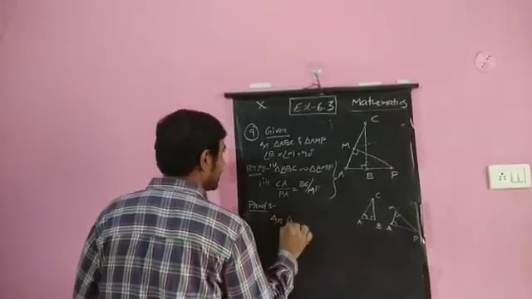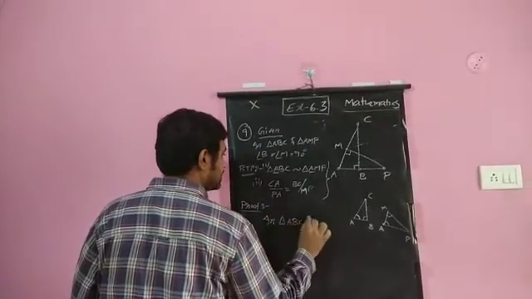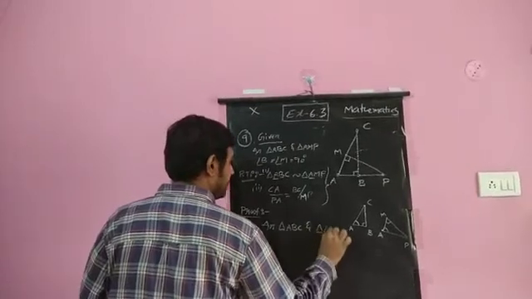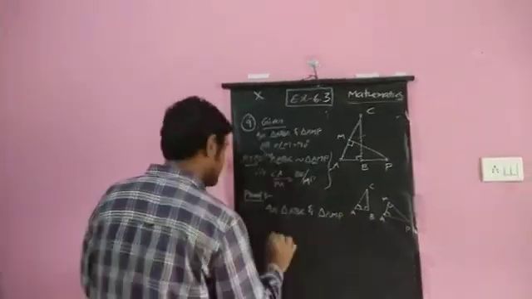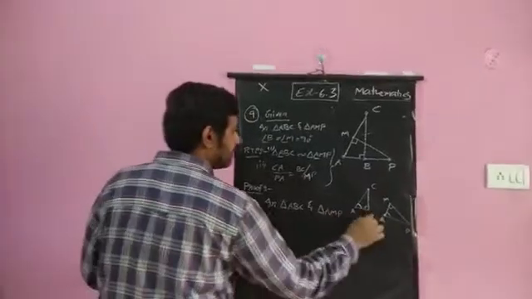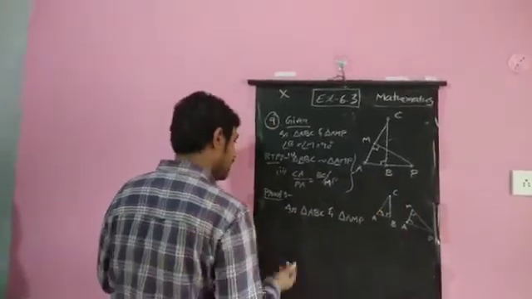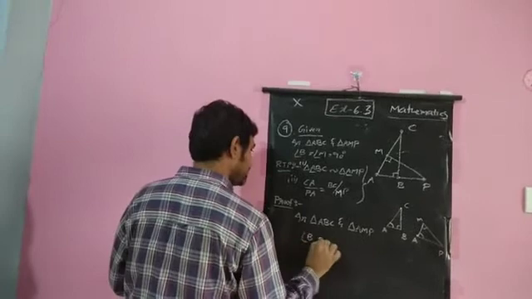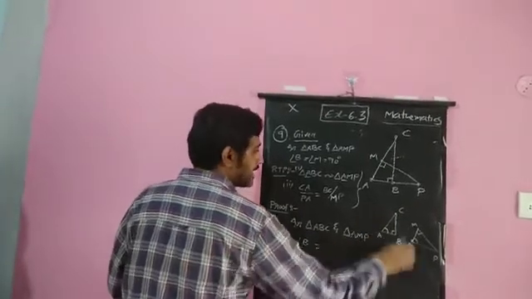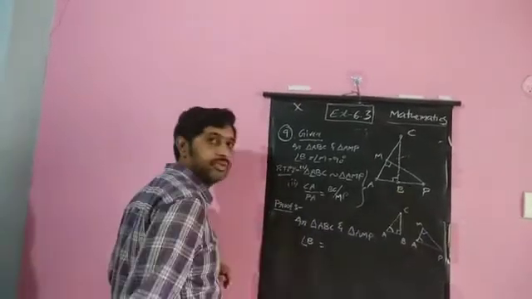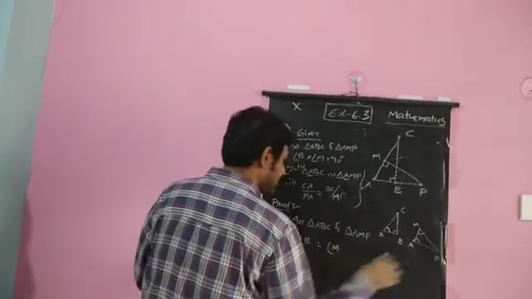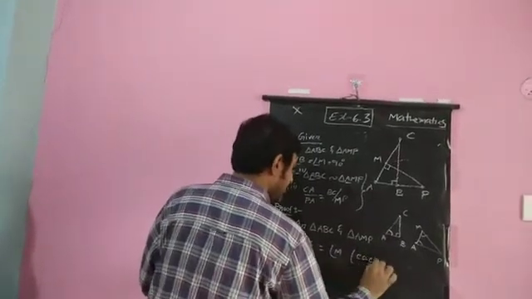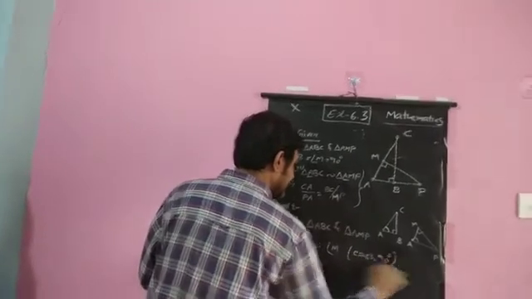For that, if I write, in triangle ABC and triangle AMP, in triangle ABC, angle B is 90. You can write it as angle B or angle ABC or CBA, all will come 90. For our convenience, I am writing it as angle B. You can write it as angle ABC or angle CBA, no problem, whichever way you write. Here you write angle A, angle M, that also is each 90 degrees, this is given itself in the question.